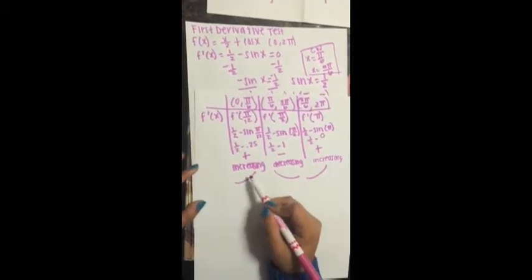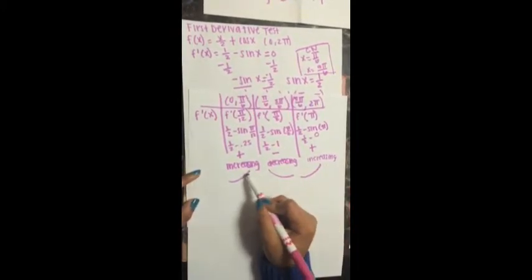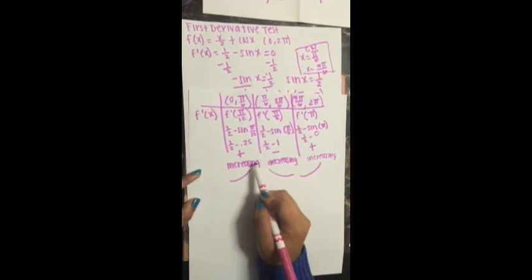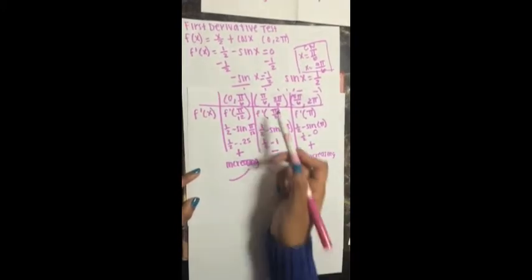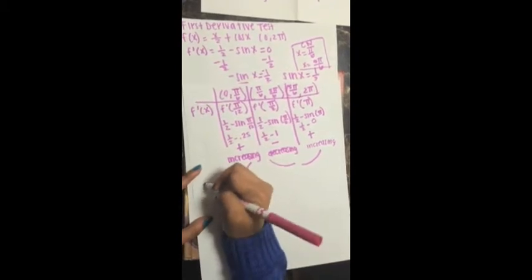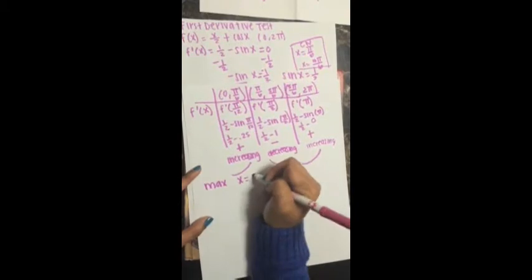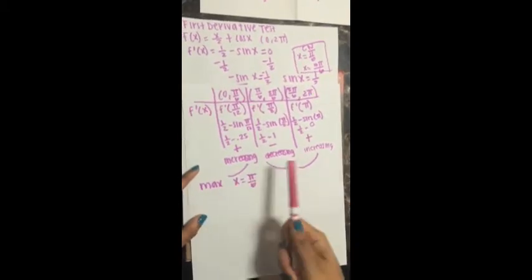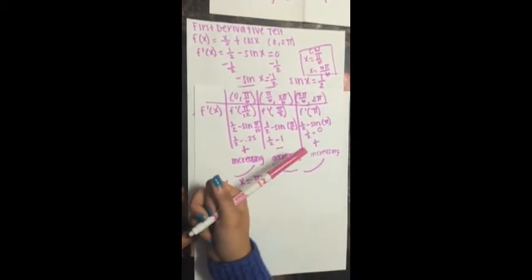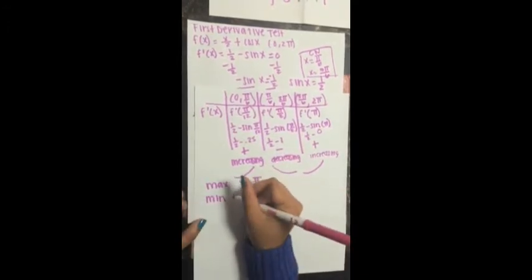So since our function is increasing here, decreasing here, and increasing here, it means that in between, at pi over 6, there's a max. So there's a max at x equals pi over 6. And since it's going from decreasing to increasing, that means that there's a min at 5 pi over 6.